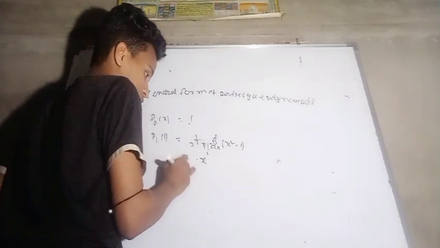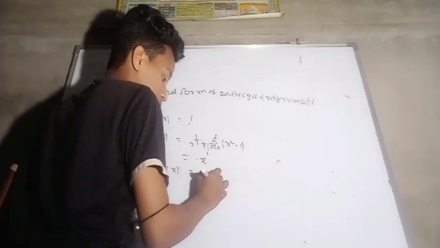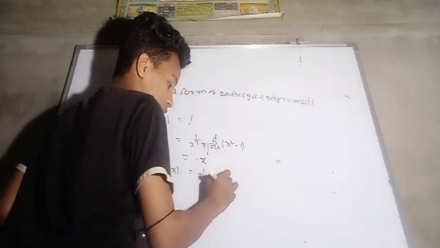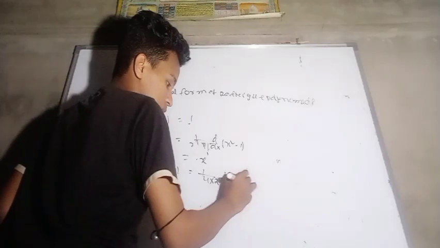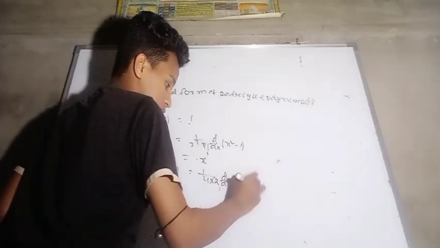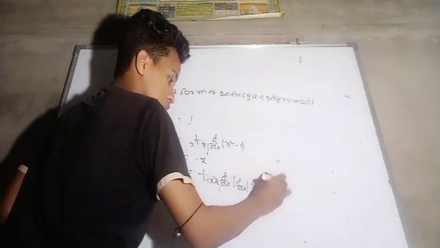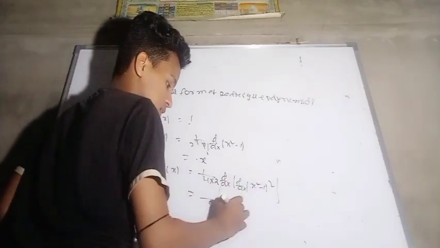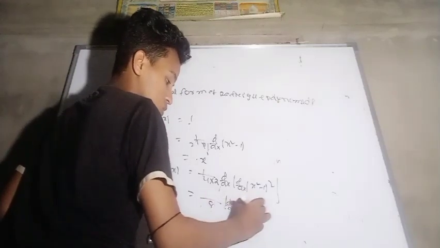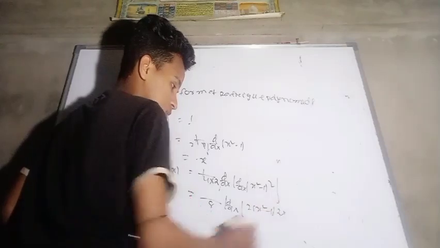P2(x) is equal to 1 by 4, 2 factorial equals 2, so 1 by 8, d squared by dx squared of (x squared minus 1) squared. Which gives us 1 by 8, d by dx of 2(x squared minus 1) times 2x.